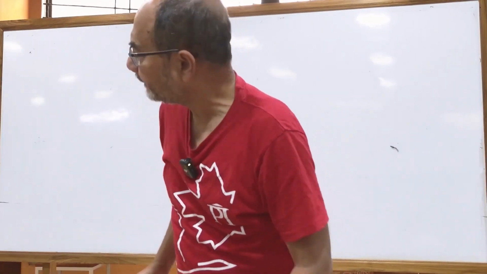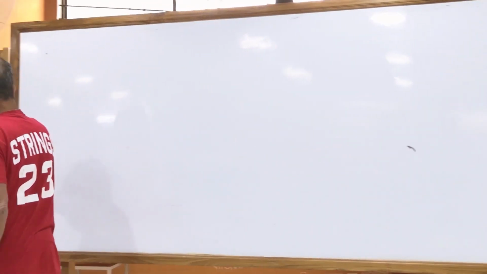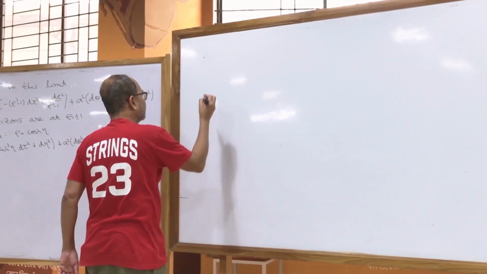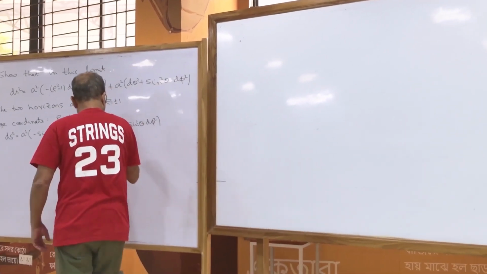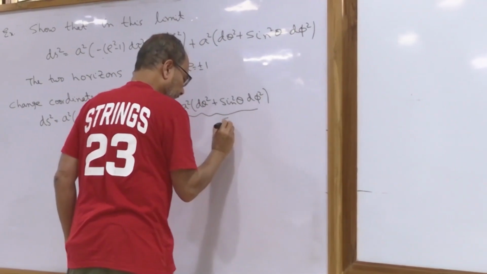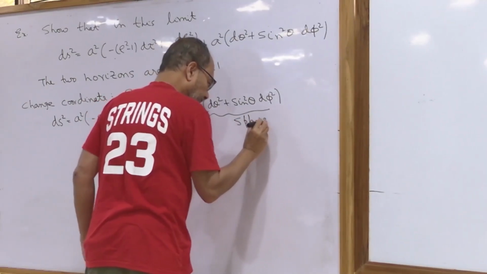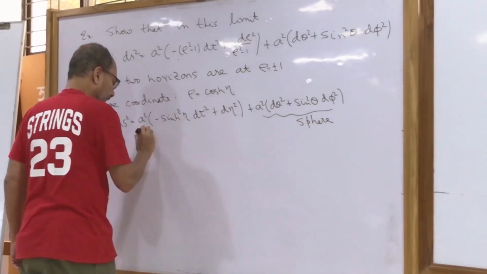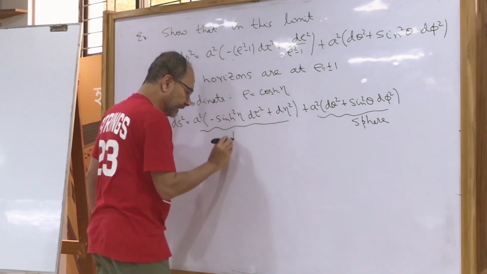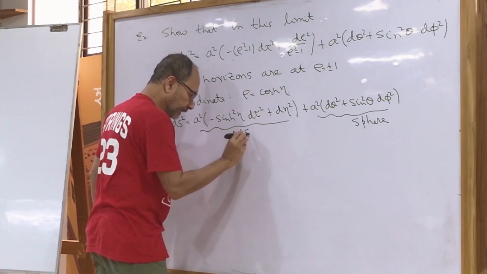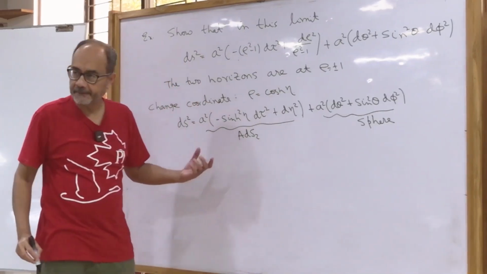Okay, so a sphere of this kind, we can think of this. So this is a sphere, and this has a name. Let me write it. This is called AdS2, two-dimensional anti-de Sitter space.